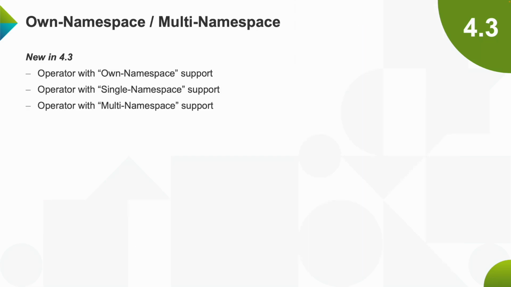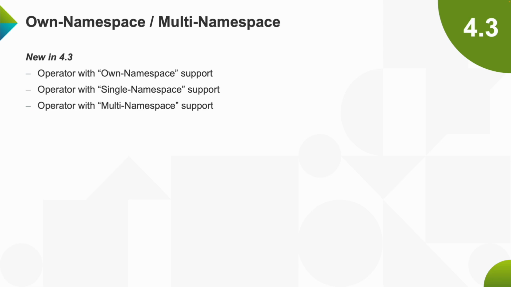Microgateway 4.3 supports new installation modes. Own namespace, which allows to run the Microgateway operator and the protected workload in the same namespace. Single namespace, which allows to run the Microgateway operator in a dedicated namespace and only watch the protected workload in another namespace.